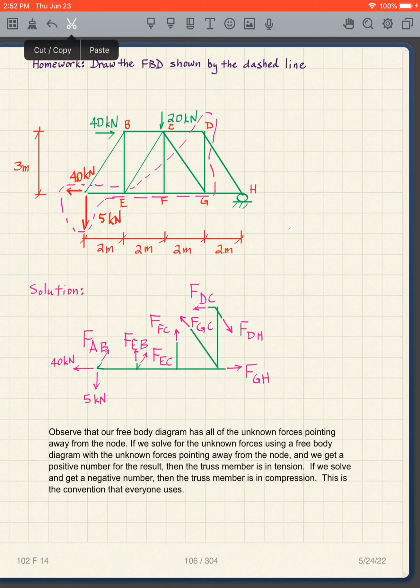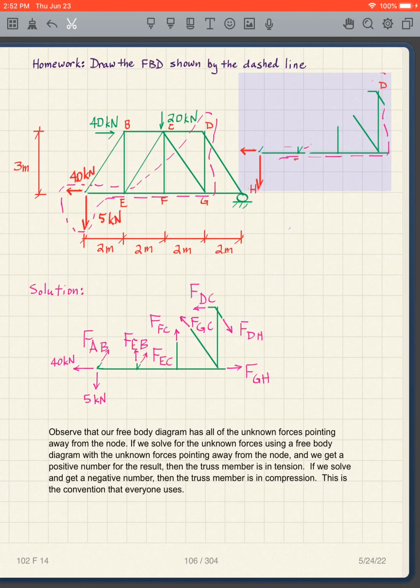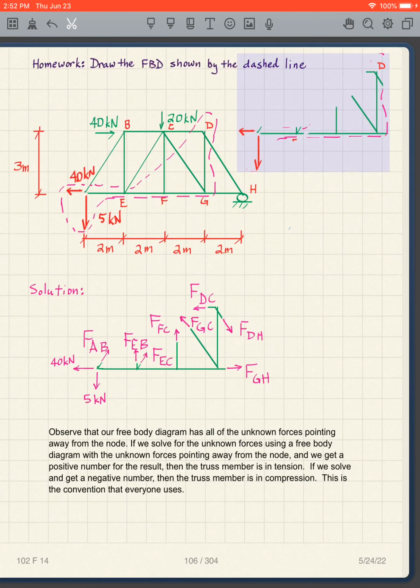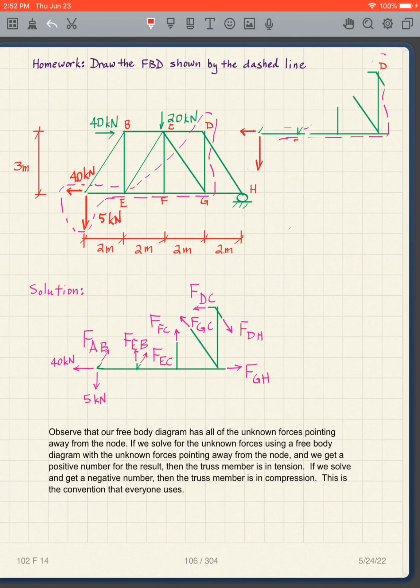So again, I'm going to come in here and follow my loop. Oops, I made a slight mistake. So I do a copy, I do a paste, and there I am now. It got a little bit messy because I got a little bit of the loop, but that's all right.